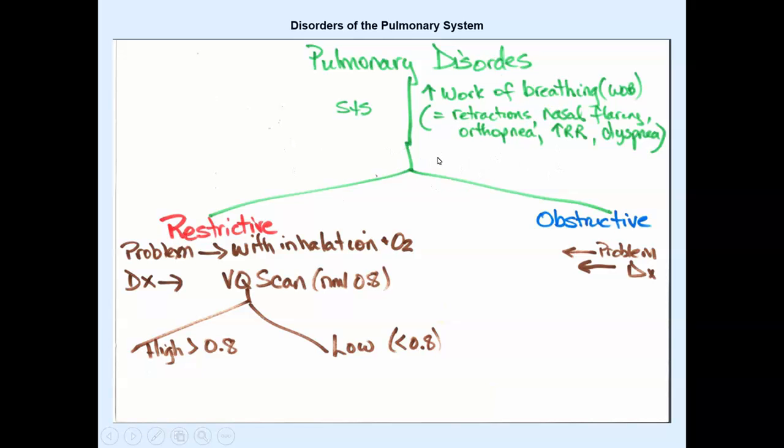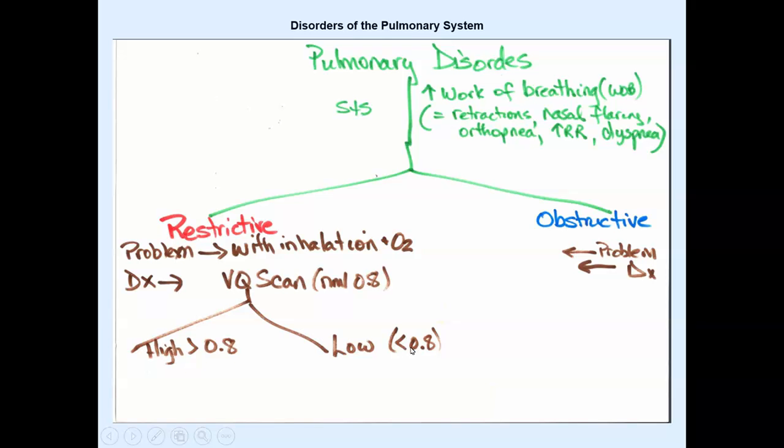Most likely ABGs will be drawn, and once it's determined that your patient has a low O2 state and most likely a problem with inhalation, then another test that can help identify where the restrictive problem is, whether it's a problem bringing in air or a problem with blood getting to the alveoli, is a VQ scan, and then a VQ mismatch may be identified.